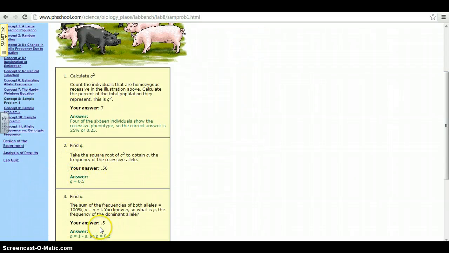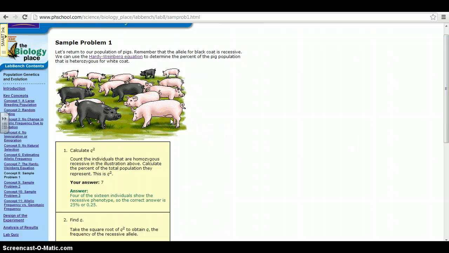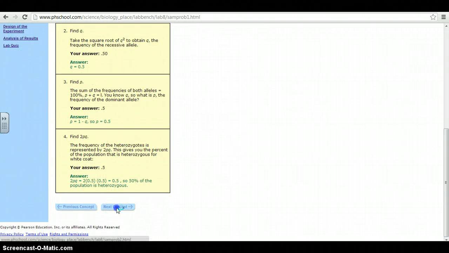Here's where we found p in number 3. p was 0.5, p squared, or 0.5 squared, is 0.25, or 25%. So 4 of these pigs, or 25% of these pigs, are homozygous dominant. So let's try another example.